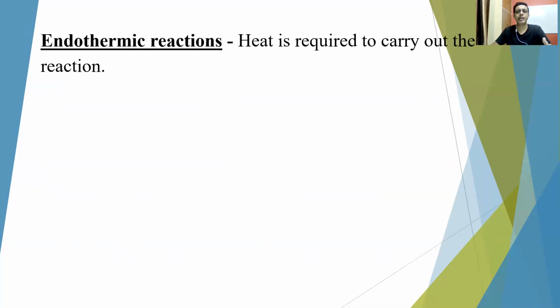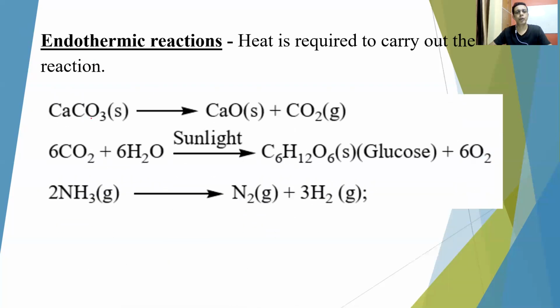Then the reactions where heat is absorbed, this reaction requires heat for the reaction to be carried out. And this type of reaction is called an endothermic reaction. For example, when we decompose calcium carbonate to give calcium oxide and carbon dioxide, we have to provide heat.